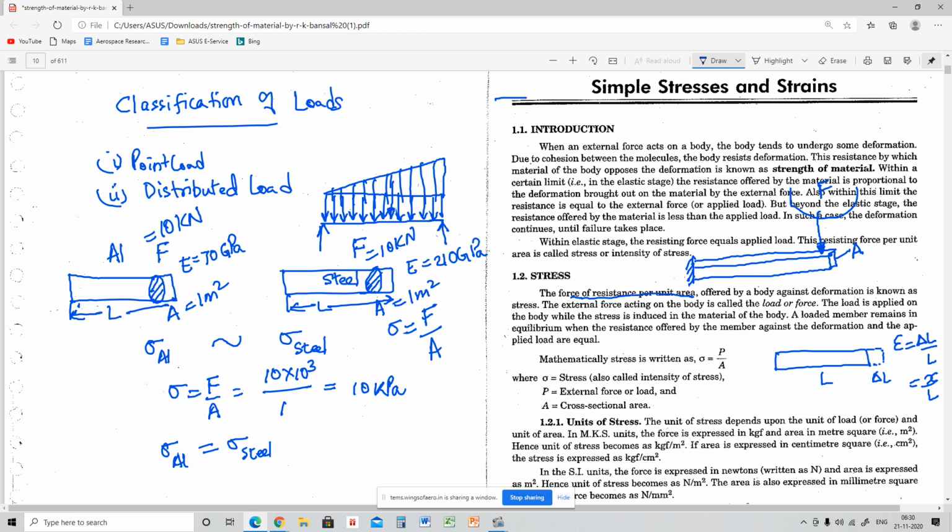Yes, ma'am. So this represents that stress alone is independent of the material property. This is a very, very important point. Though the material property changes, I am getting the same value, because if the force and cross-sectional area are the same, this will remain the same.